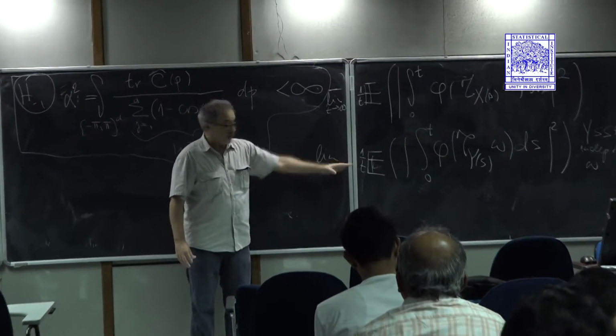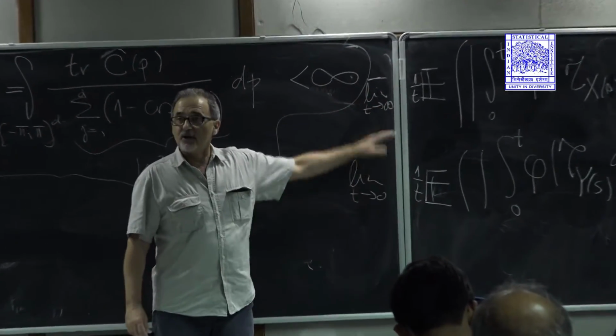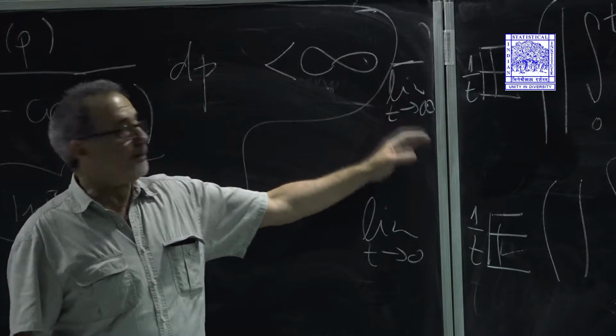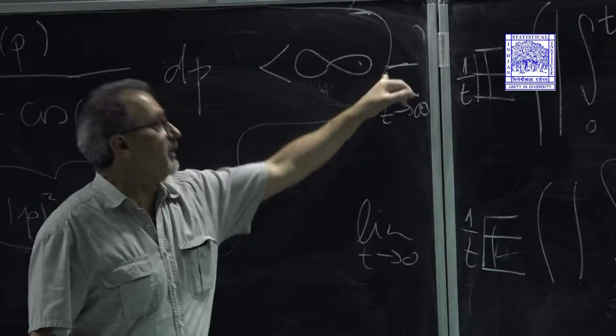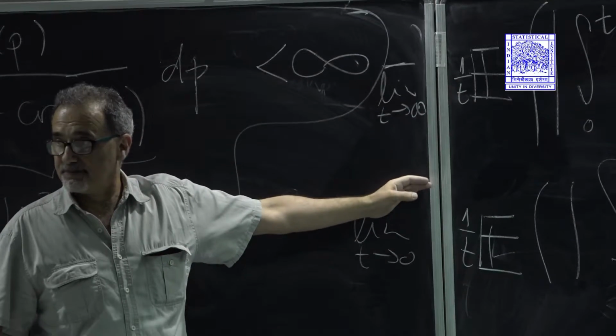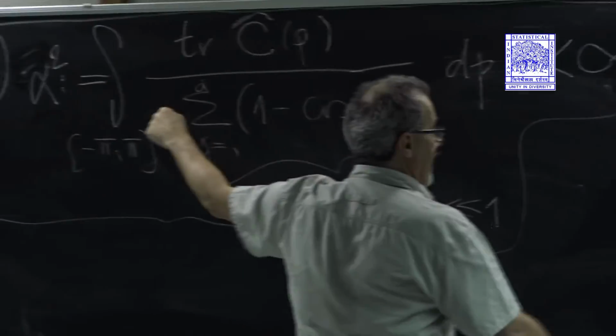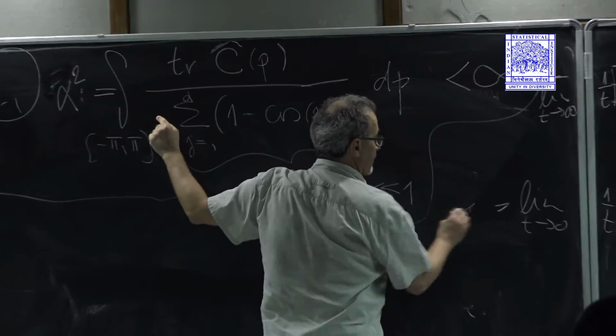This is a self-adjoint problem. That's not a self-adjoint. For this one, I can't prove that the limit exists directly, but I can prove the lim sup certainly exists, right? Now, this alpha squared is actually equal to this.